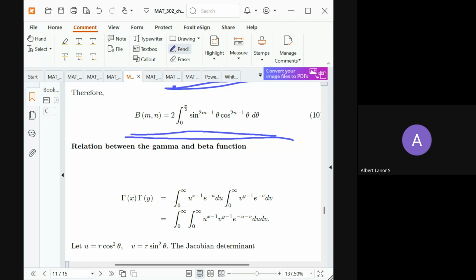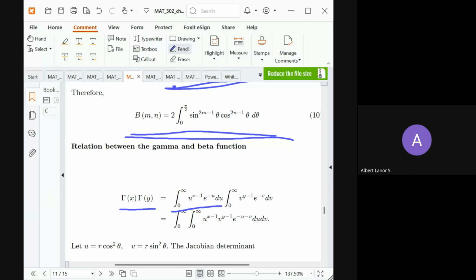Now, the relation between the gamma and the beta function: they are very related. Now, the relation here is that if you have gamma of x and gamma of y, then the gamma of x is defined by this, and the gamma of y is defined by this, and you can merge the two of them.